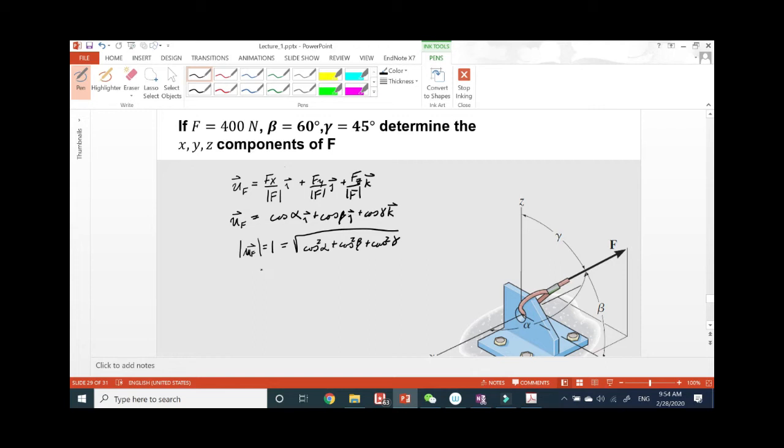So we can just say that 1 is equal to cosine squared alpha plus cosine squared beta plus cosine squared gamma. This is nice because we know what beta is and we know what gamma is. So then cosine alpha is equal to the square root of 1 minus cosine squared beta minus cosine squared gamma.